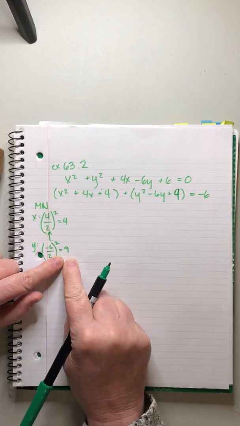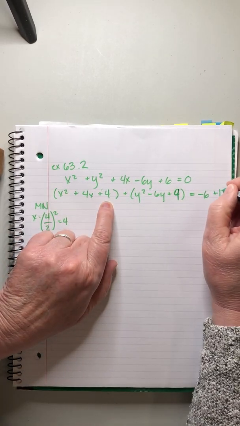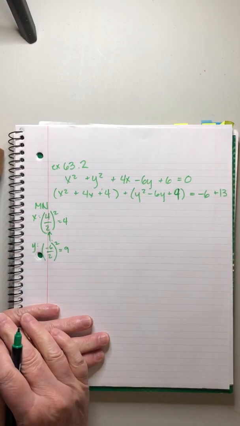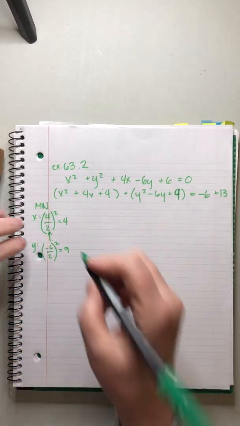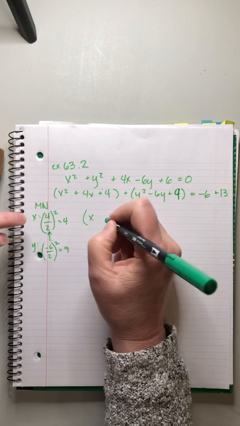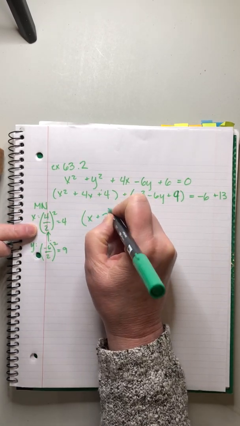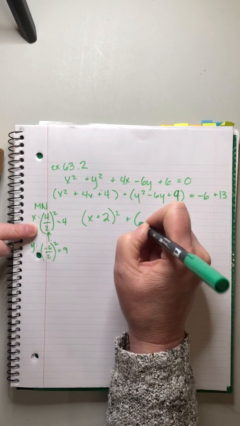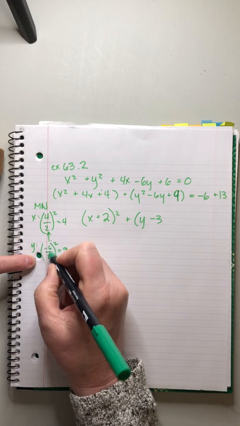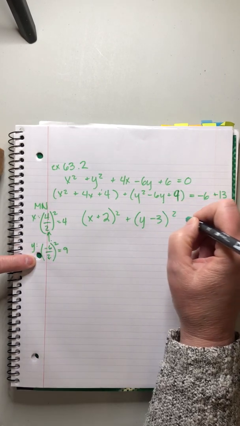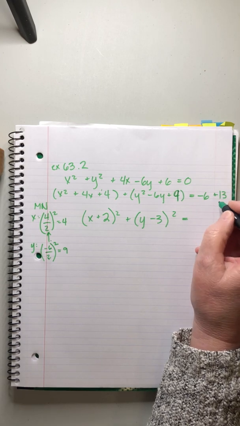Okay, 9, and so then 4 plus 9 is 13, so we need to add 13 there. Okay, now we're ready to collapse these trinomials into the binomials. It'll be x, and again, I look in here, plus 2 quantity squared plus y minus 3, minus 6 over 2, quantity squared equals, this equals 7, right?